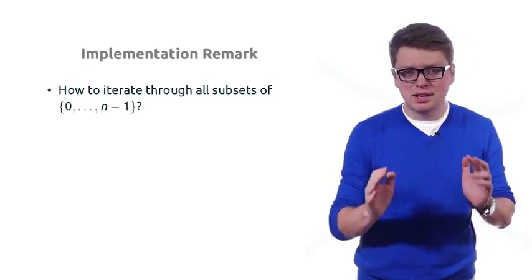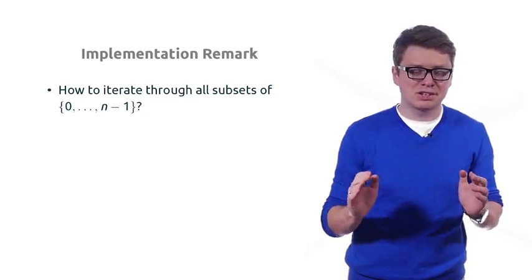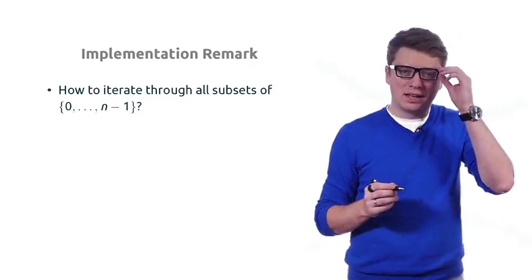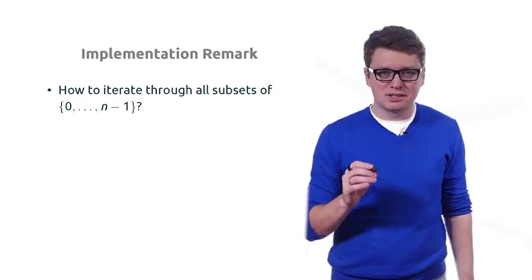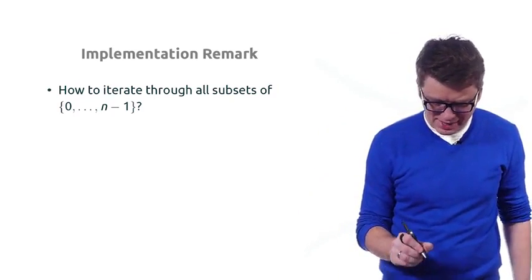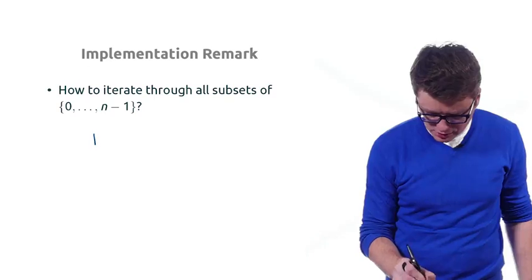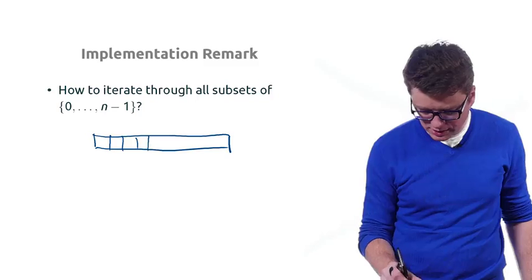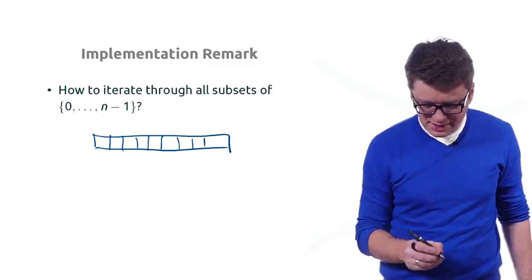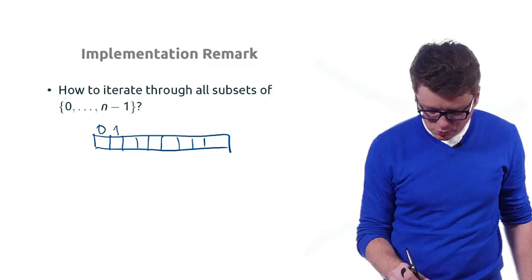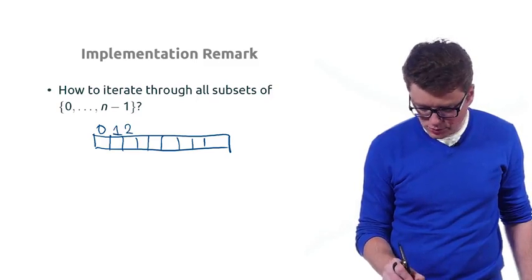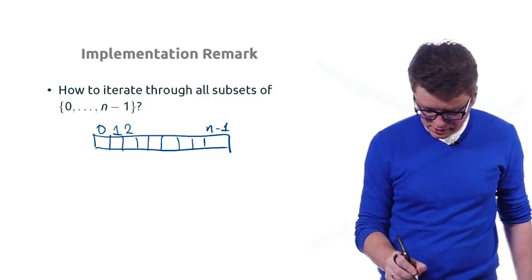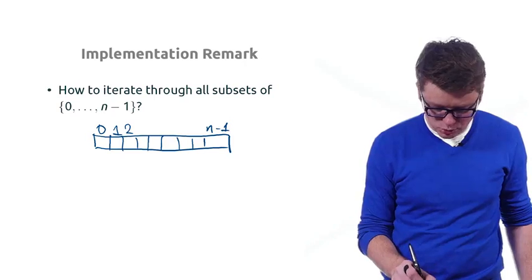So first of all, the number of such subsets is actually 2 to the n. Recall that when we have a set of size n, it can be specified just by n zeros and ones, right? So we can write down an array, just a sequence like this. And if we have n elements, say, let's number them 0, 1, 2, and so on, up to n minus 1, any subset can be specified just with a 0, 1 array.